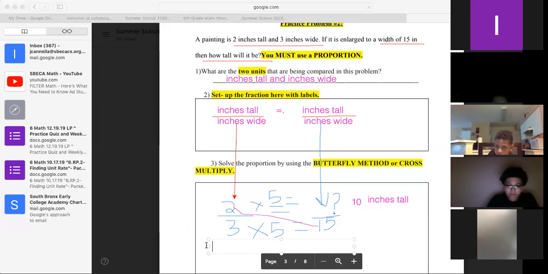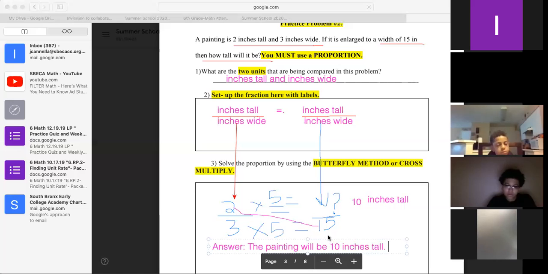So we're going to write answer: the painting will be 10 inches tall. Again, 10 over 15 is the same as 2/3 because 10 divided by 5 is 2 and 15 divided by 5 is 3.